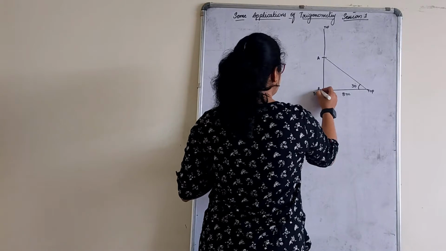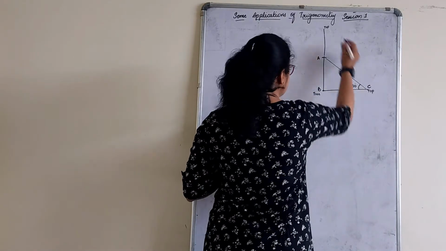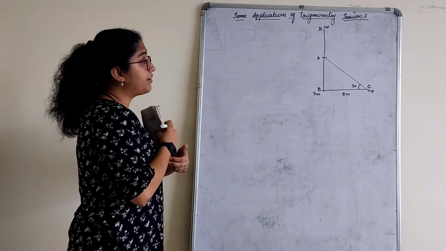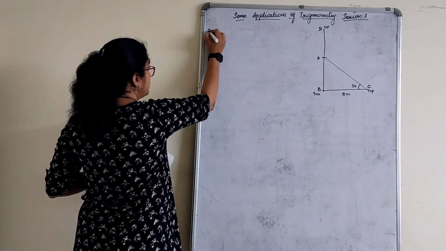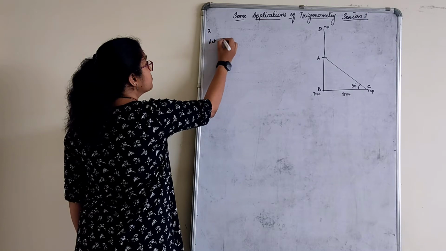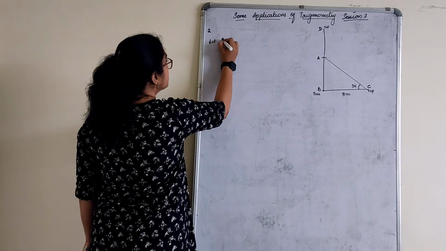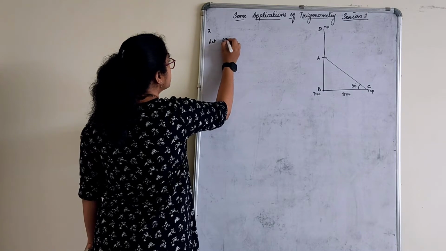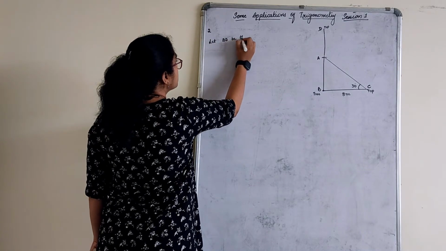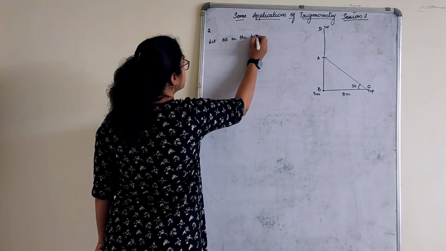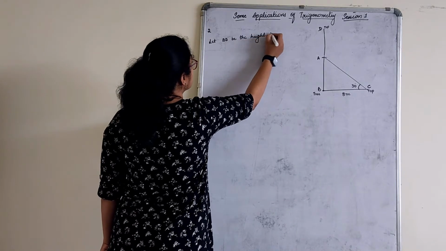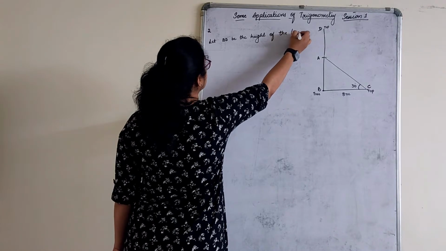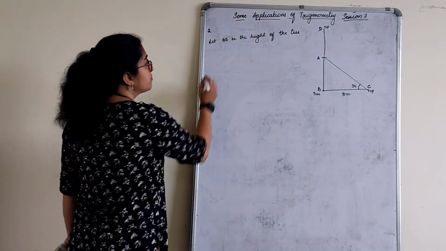Let's just name this A, B, C and D. Now be very careful in writing what you have to write. Let BD be the height of the tree.